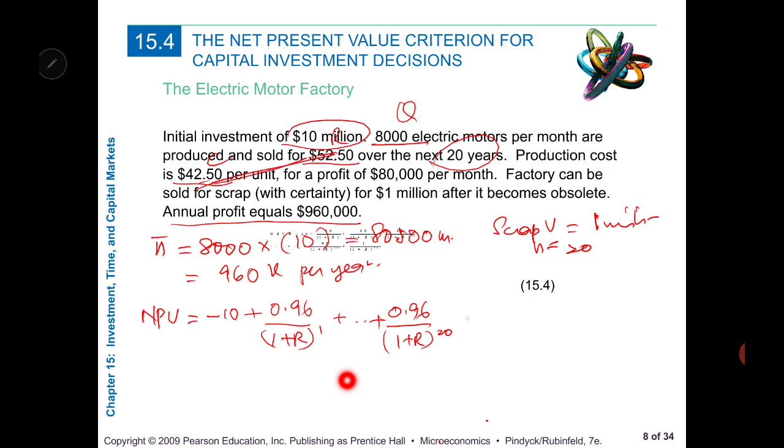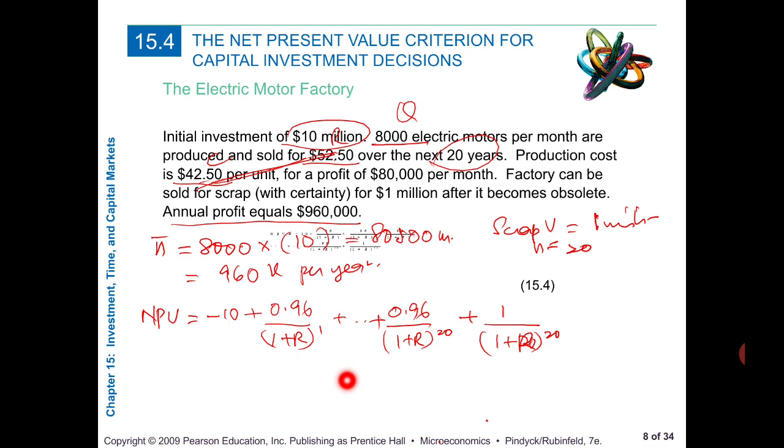And at the end of the 20th year, you can sell the factory for 1 million. So what is that 1 million in 20 years? Right? So this will be the full expression of the net present value: your cost, and also whatever scrap value that you get at the end, the income that you expect to receive in that period.